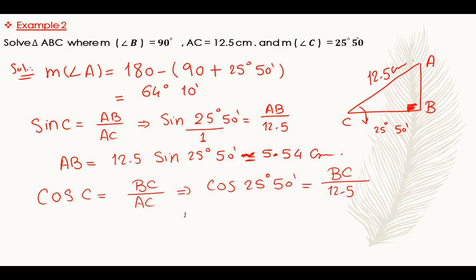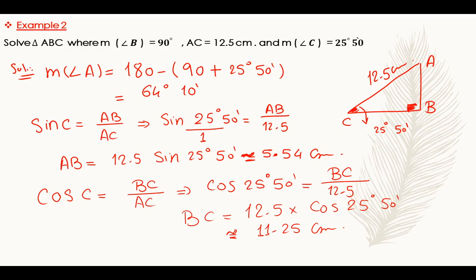So we can find the length of BC by multiplying 12.5 times cosine 25 degrees and 50 minutes. Use your calculator to find the length of BC. You will find that the length of BC will be approximately equal to 11.25 centimeters.